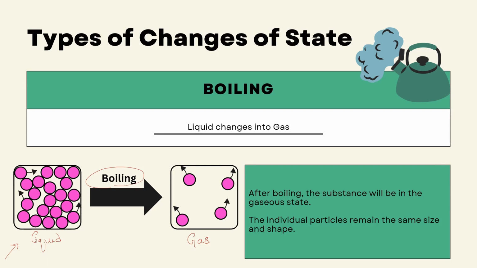After boiling, the substance will be in the gaseous state. The individual particles remain the same size and shape. In gaseous state, there is a lot of space between the particles, whereas in liquid, very little space is there.